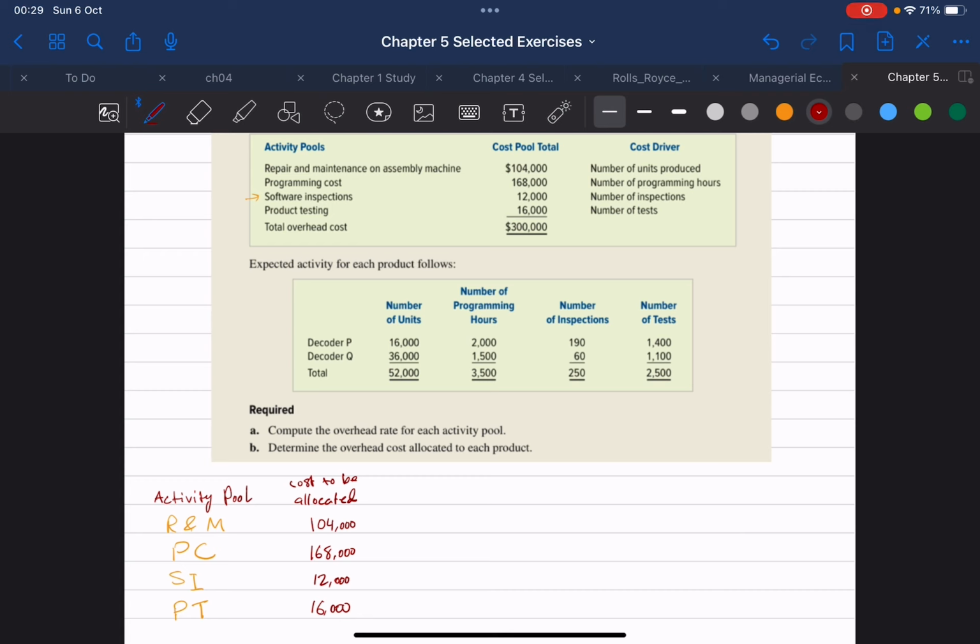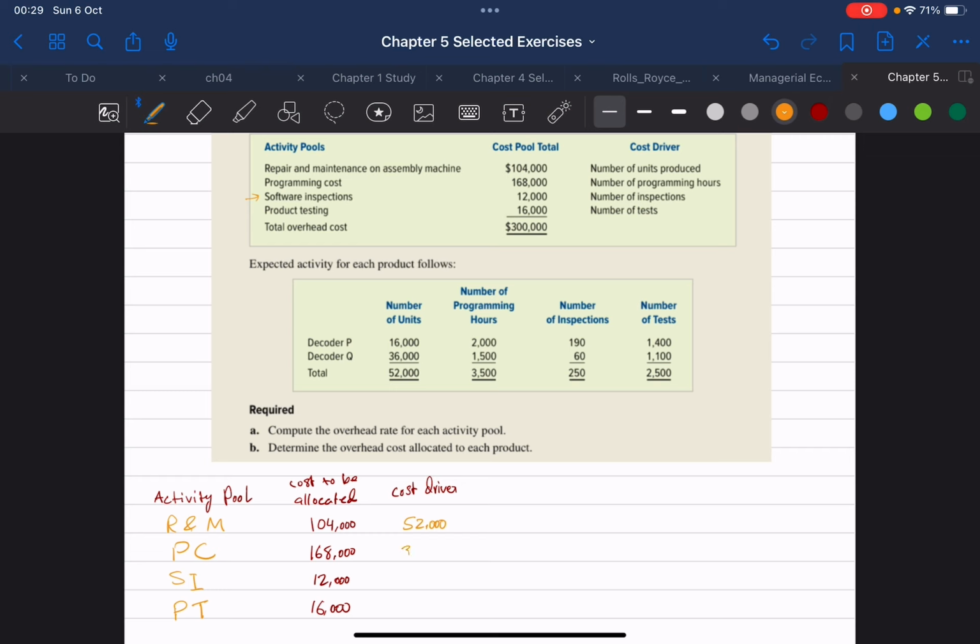Then we need to determine the cost driver. So for repair and maintenance, they said that the cost driver is going to be the number of units produced. What is the total number of units produced here? 52,000. What about programming costs? The cost driver is number of programming hours. Total number of programming hours is given to us here, 3,500.